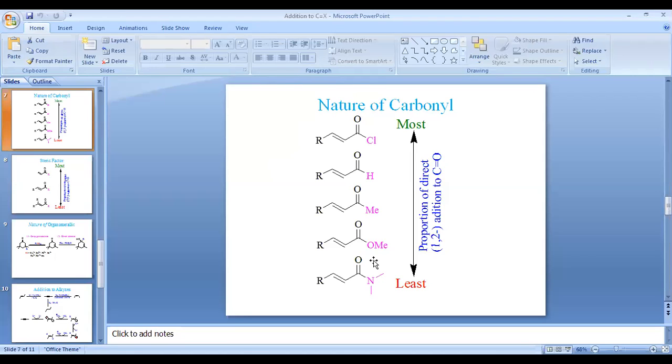What is your question? I'm saying that in esters, the methoxy group attached to the carbonyl carbon is electron donating with respect to resonance but electron withdrawing inductively. Then why does it prefer conjugate addition?